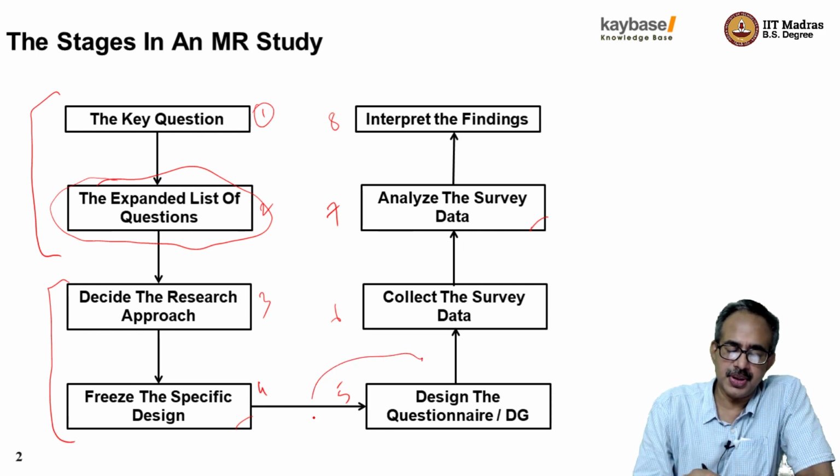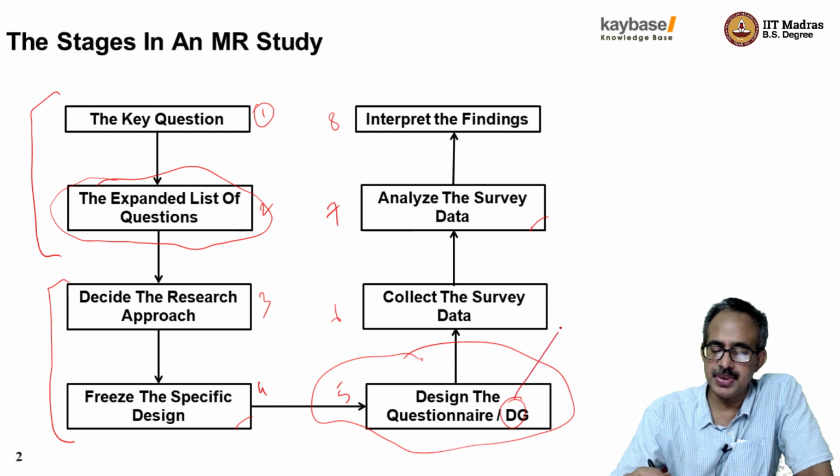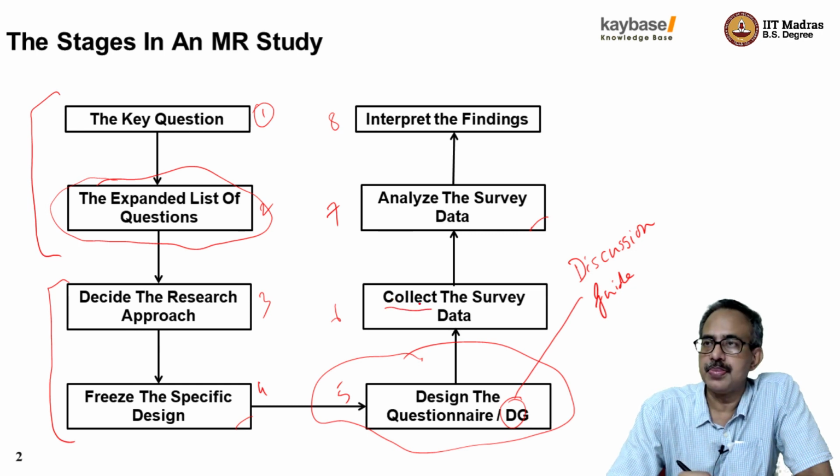Then we're going to write a questionnaire for that or a DG. Now what is a DG? We will come to this. It is part of qualitative research. A DG is discussion guide. Okay. And then we actually execute. We collect the data.